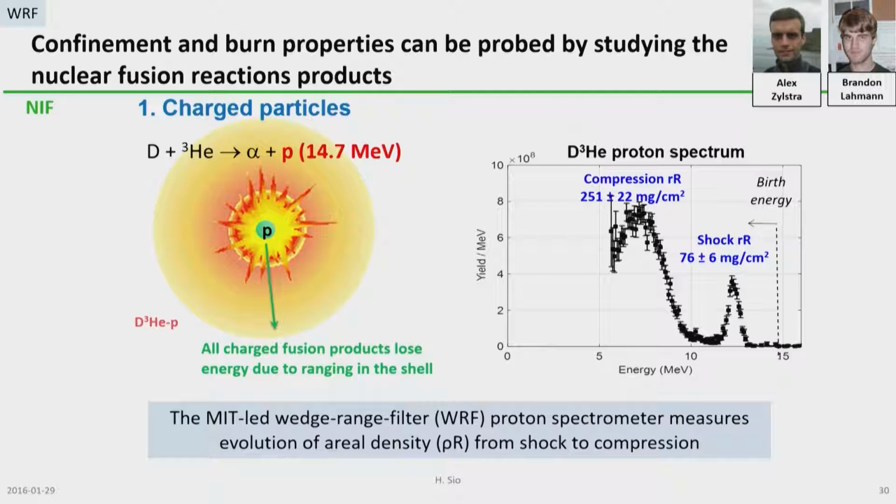And you know that because it is higher energy, so it sees less stuff as it escapes. These protons that are lower energy escape during compression. And that's because they have less energy because they see more stuff by the time they escape.